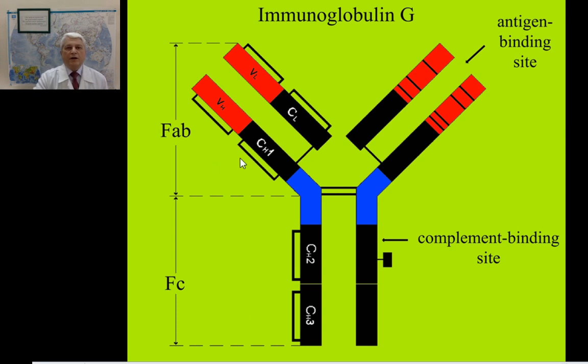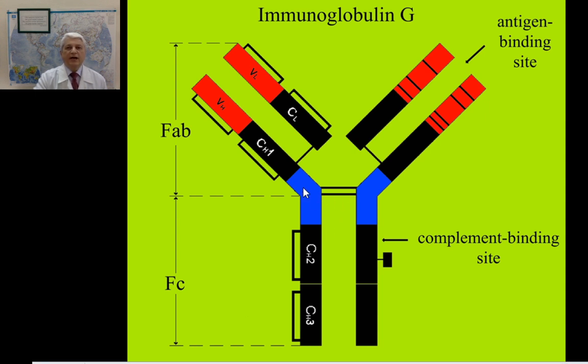Different chains in the molecule are linked with such lines, and these lines show the disulfide bonds.